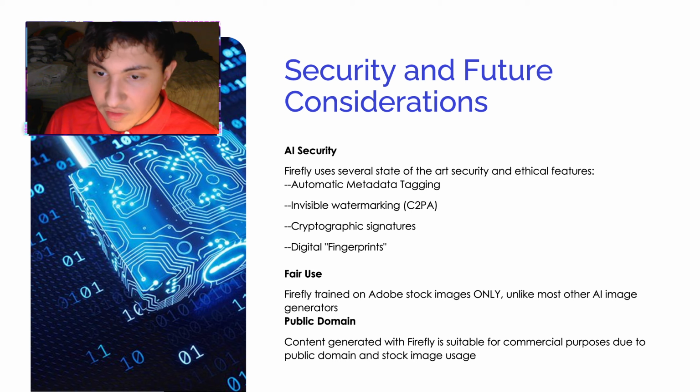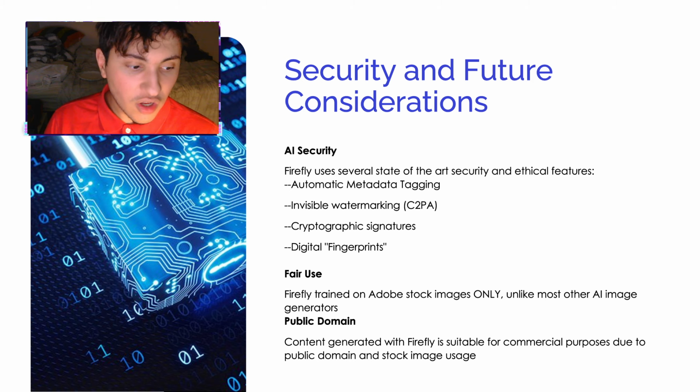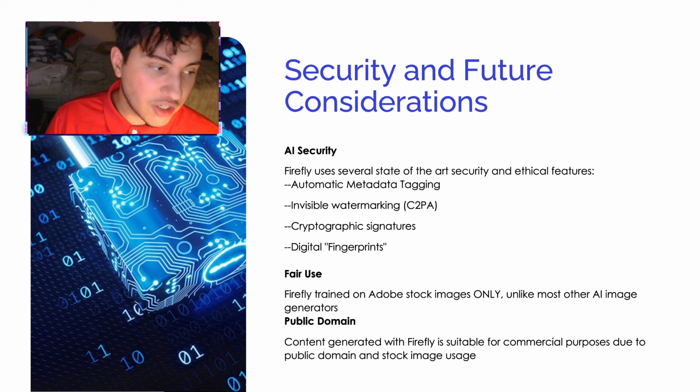So you want something that's trained only on stock images for these kinds of commercial applications. Because the content generated with Firefly is made with the Adobe Stock images, I think there's 400 million stock images in their collection, it is suitable for commercial purposes because you're not infringing anyone's copyright.